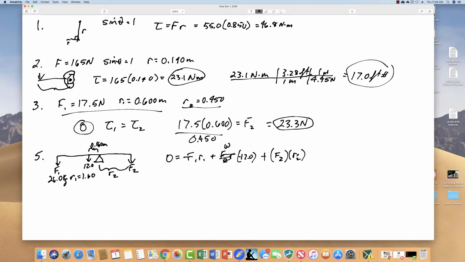The other way you could do it is to say that the distance this way is positive and the distance this way is negative. It doesn't really matter just as long as you do one or the other.